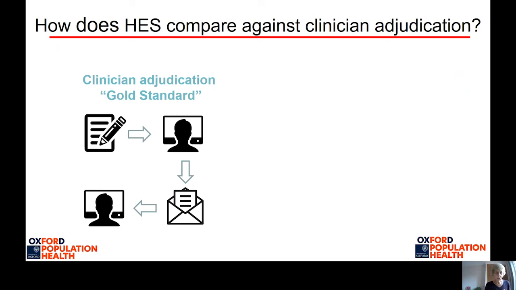So one of the questions, of course, is to what extent can we rely on HES events, from the routinely collected data, compared to properly adjudicated events in clinical trials.